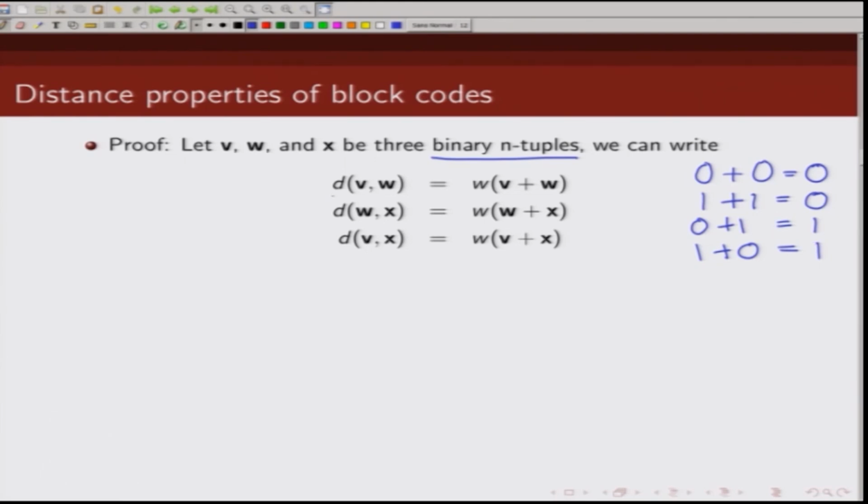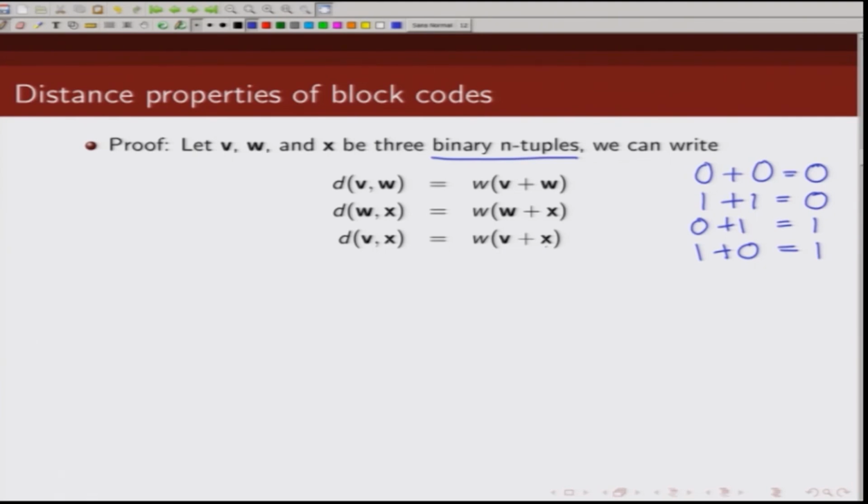So, we can write down the Hamming distance between V and W as the Hamming weight of V plus W. Similarly, we can write the Hamming distance between W and X as the weight of W plus X, and we can define the Hamming distance between V and X as the weight of V plus X.